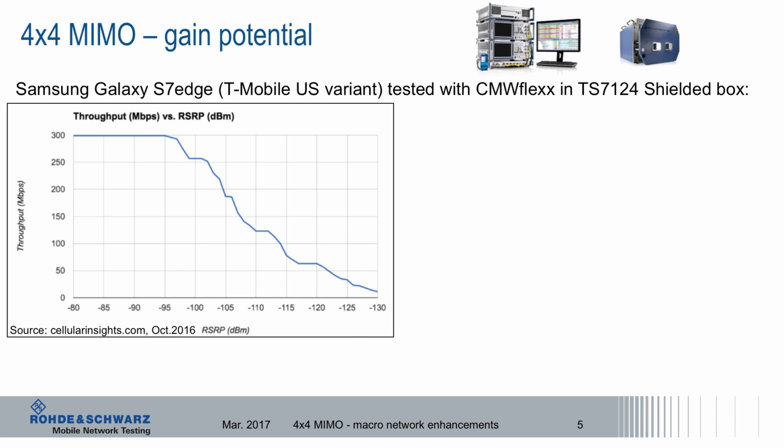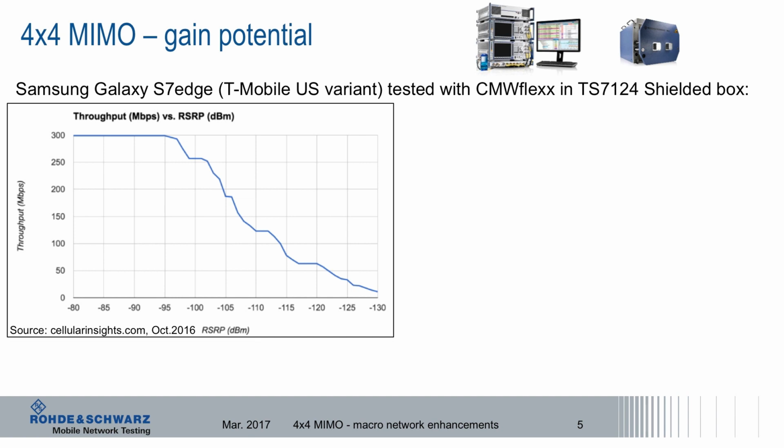And this is a curve for Samsung Galaxy S7 Edge, the T-Mobile US variant. And you see the theoretical case of 300 megabit per second data throughput for 4x4 MIMO using a 20 megahertz carrier. So this is the maximum that you can achieve theoretically.